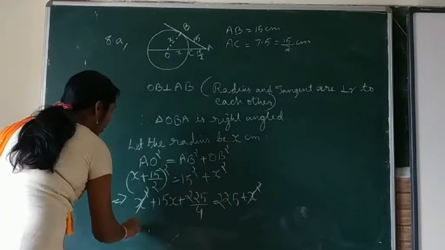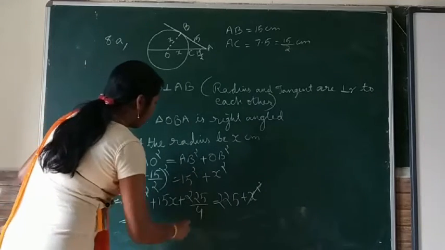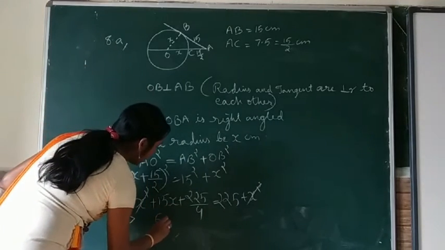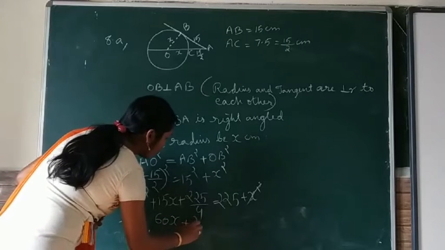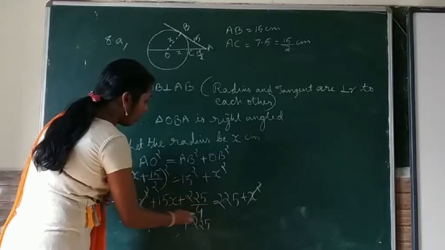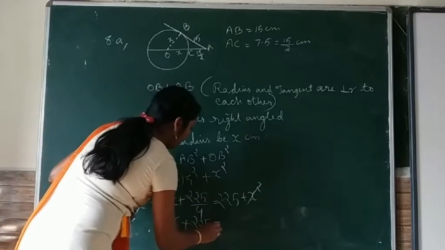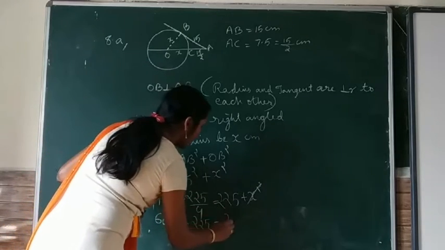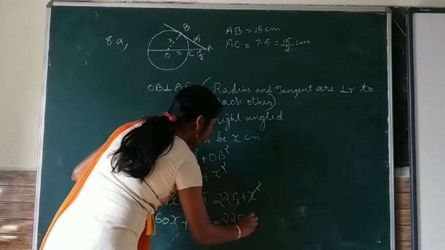Simplifying this, we get 60x plus 225. Taking the LCM, we get 60x plus 225 divided by 4. Taking this 4 to the other side, we get 225 into 4.